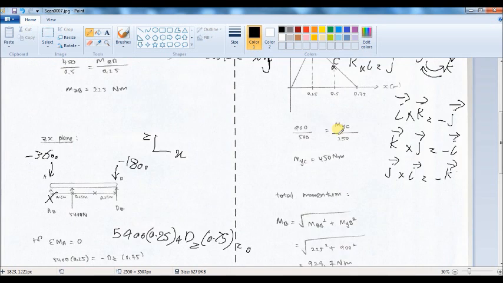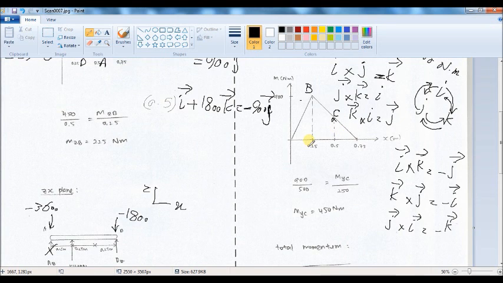In the big triangle, this side is similar to this side of the small triangle, and this side of the big triangle is similar to this side of the small triangle.